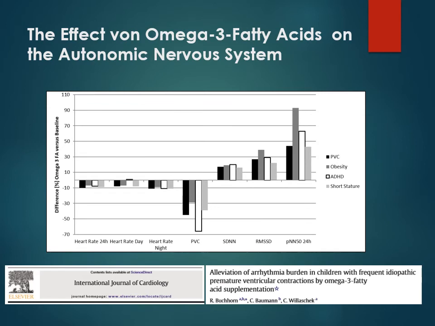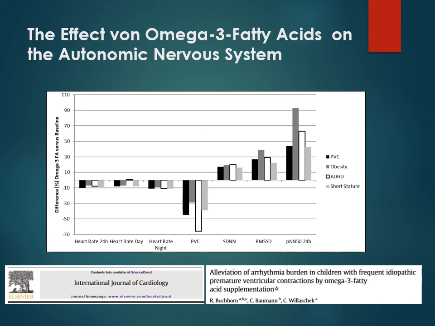We published three studies of three-month omega-3 fatty acid supplementation with the same results on heart rate and heart rate variability. The omega-3 fatty acids are used in children with premature ventricular contraction, those with attention deficit disorder, those with obesity, and those with short stature.